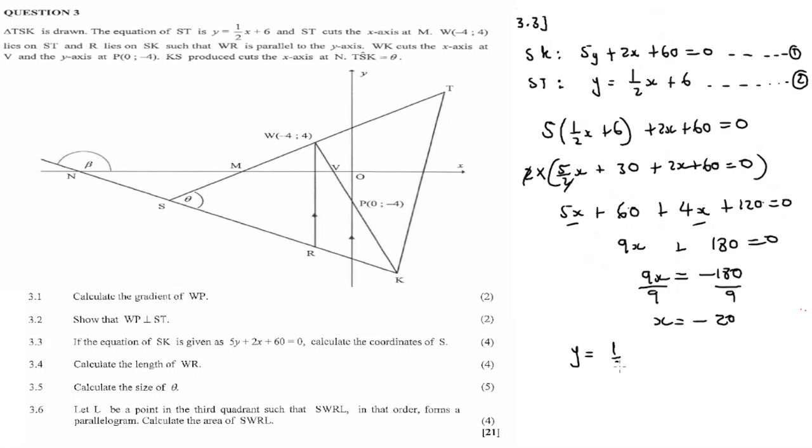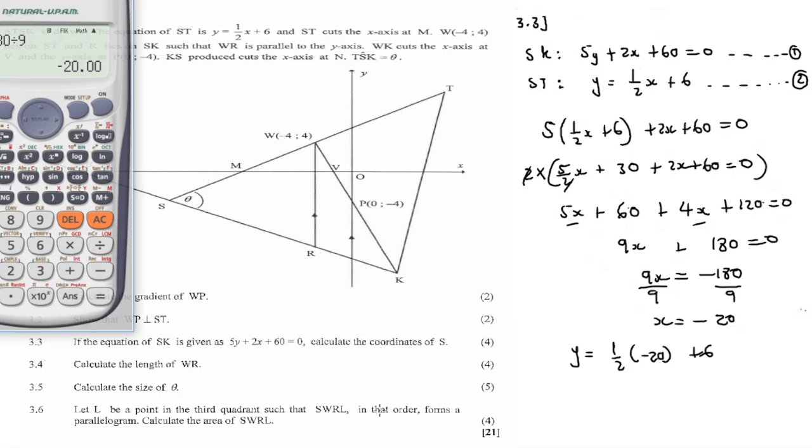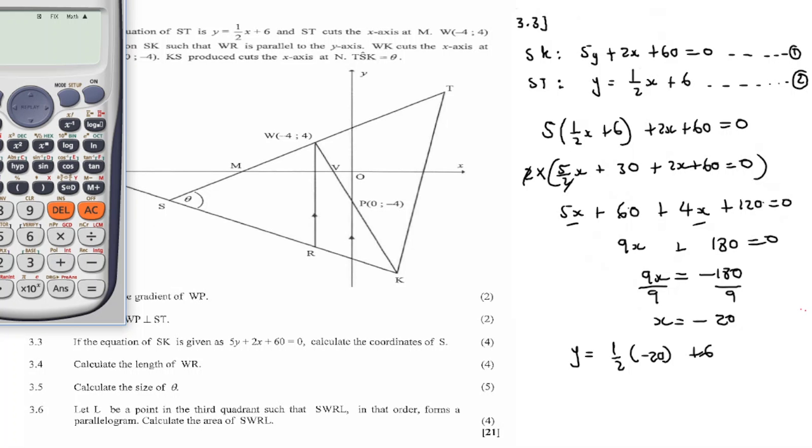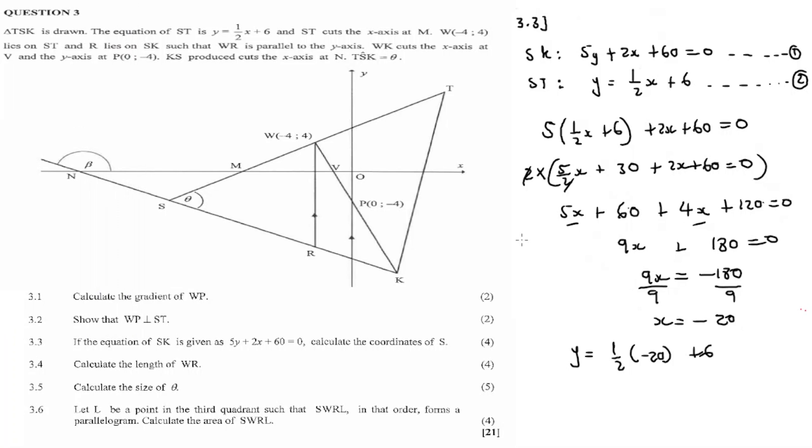So y equals 1 over 2 times negative 20, plus 6. The answer is negative 4.